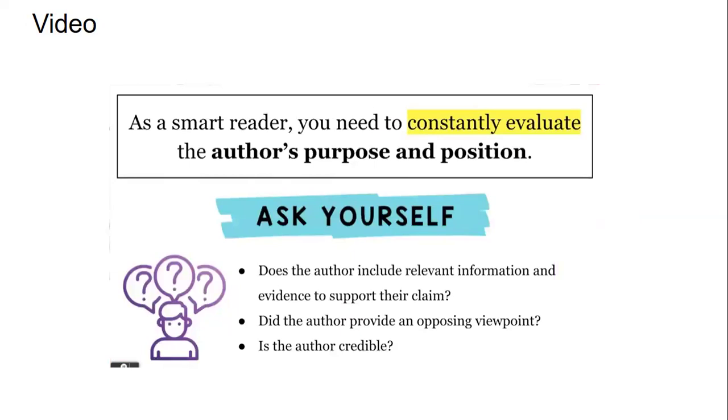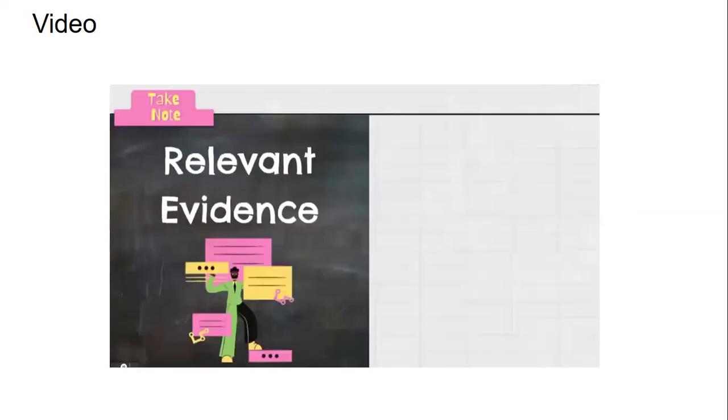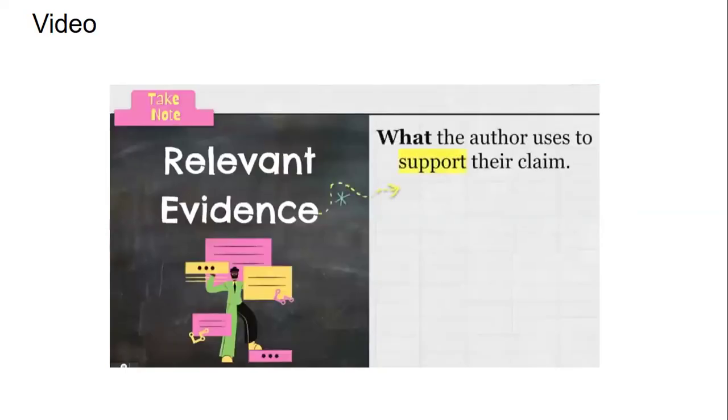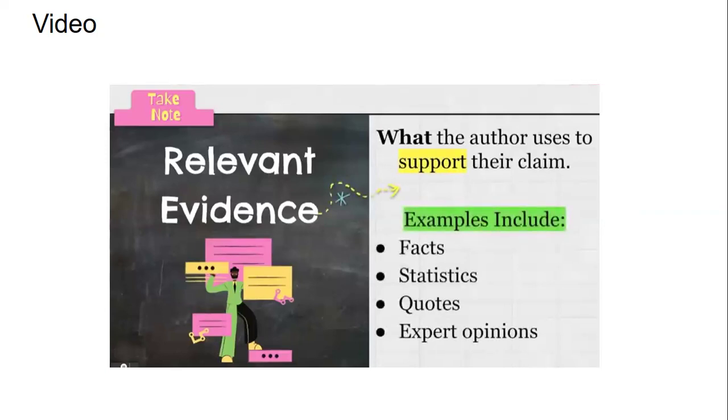Is the author credible? Now, if you're looking at that kind of stuff and you're like, what is she talking about? Don't worry, I'm getting ready to define some of these vocabulary words to help you. The relevant evidence is what the author uses to support their claim. So these are facts, statistics, quotes, experts' opinions.